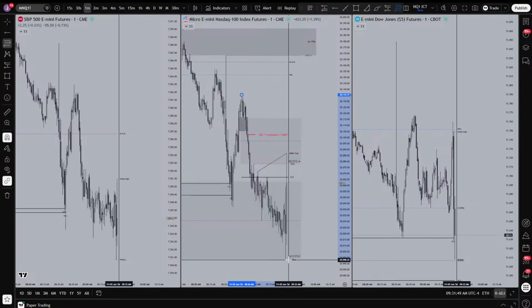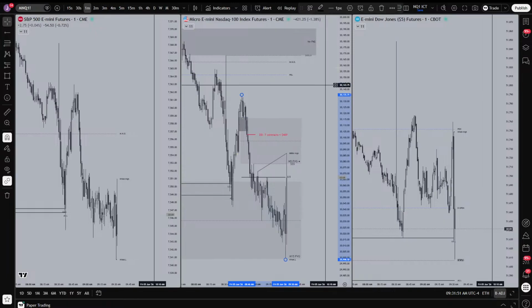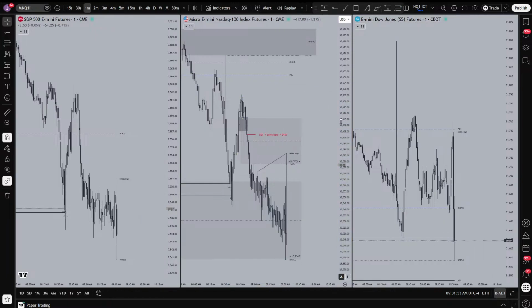Got an SMT now inside the 5 minute. Yep. Pretty strong candle. Yep. There's 705 tapped.